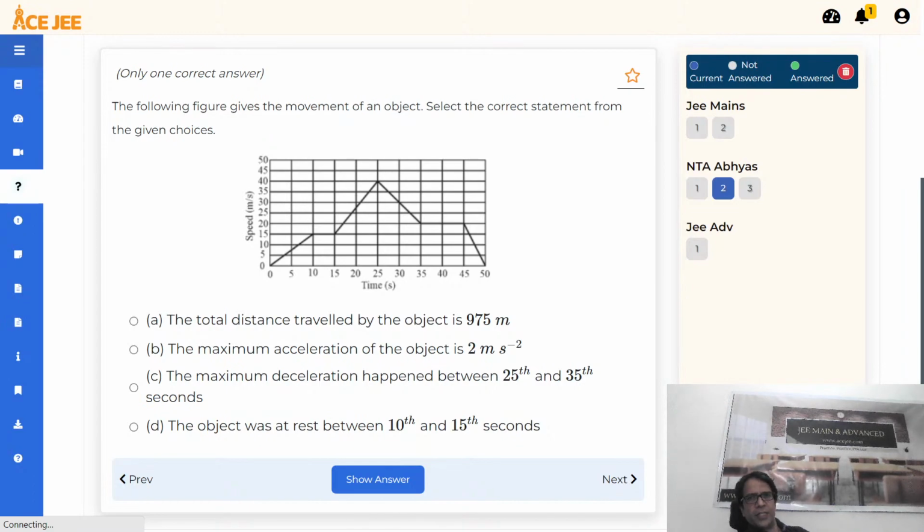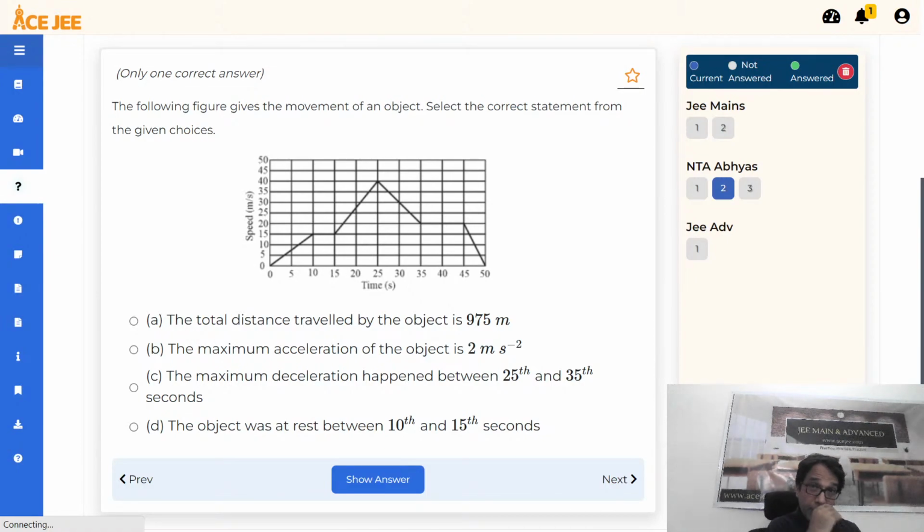So what is the total distance traveled? Okay, I'll give you some time to work it out.